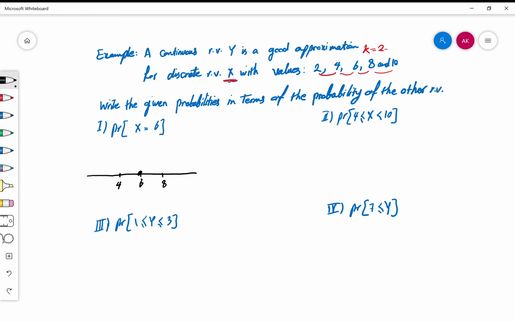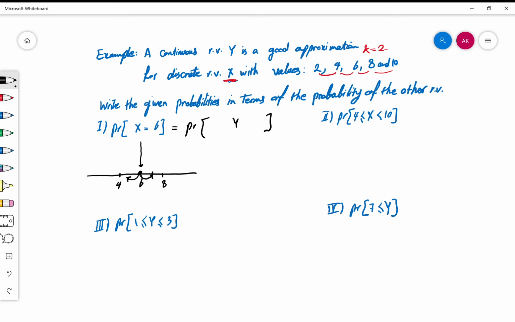The probability of x being equal to 6, this is one value, but when we want to write it in terms of y, we have to turn it into an interval. And how do we do that? We go halfway up, halfway down. Here k is 2, half of that is 1.